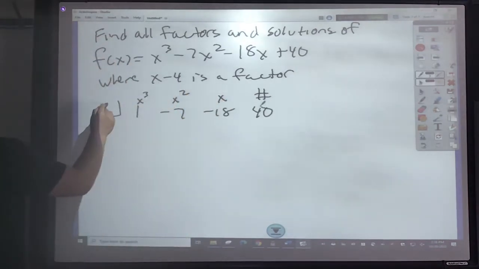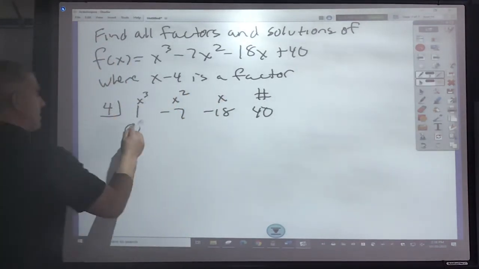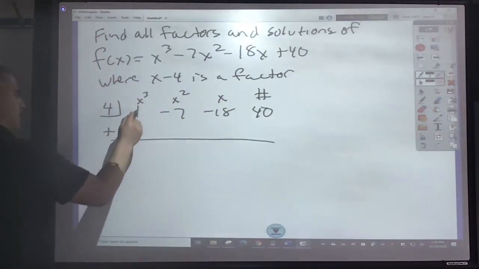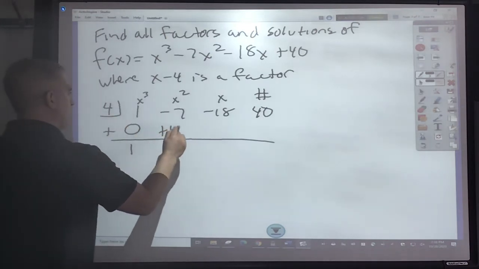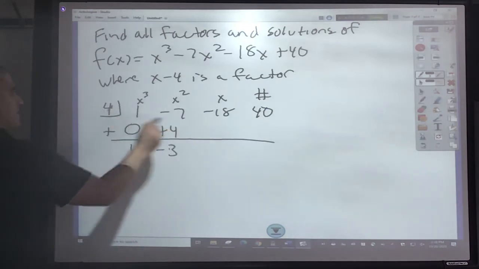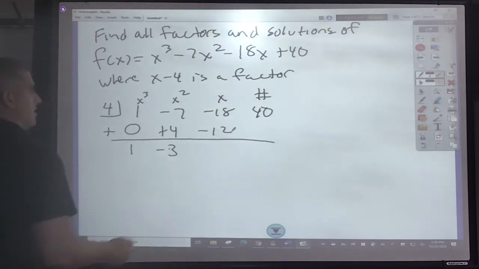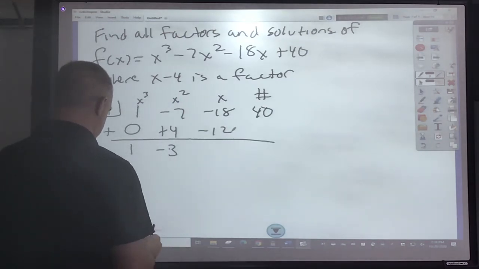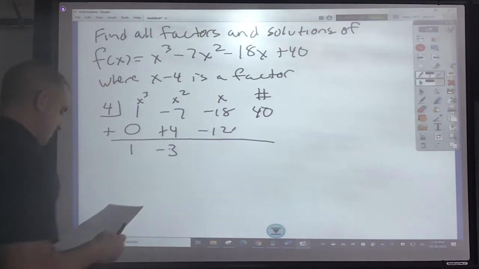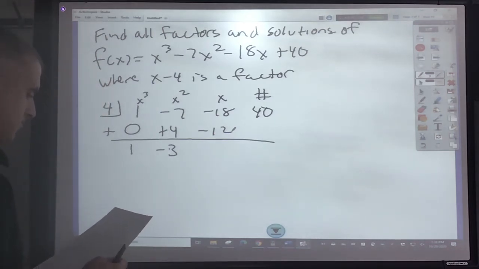Since this is a factor, I know the solution of that would have to be 4. That would be 1. 1 times that would be 4. That's negative 3. Negative 3 times 4 would be negative 12. Something's not right here.